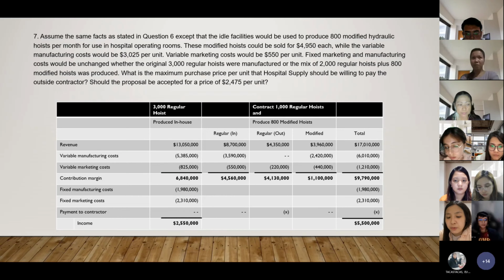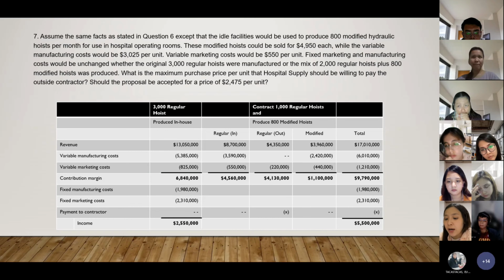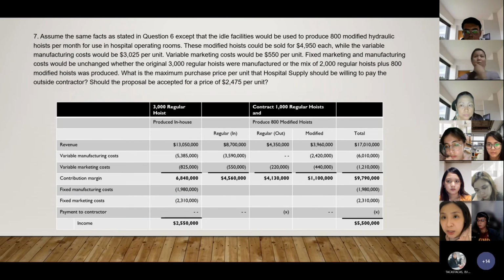We just multiply the regular units by the selling price, which is 4,350, compared to the modified, which could be sold for 4,950. So 4,950 multiplied by 800 modified units yields 3,960,000 for the revenue. As you can see, the fixed manufacturing cost is still the same.